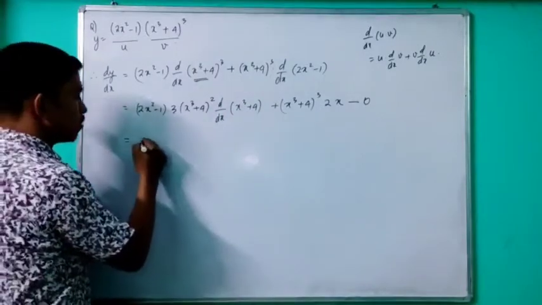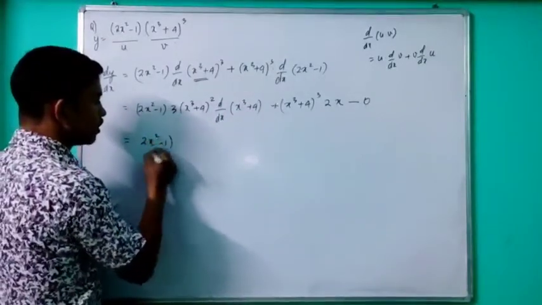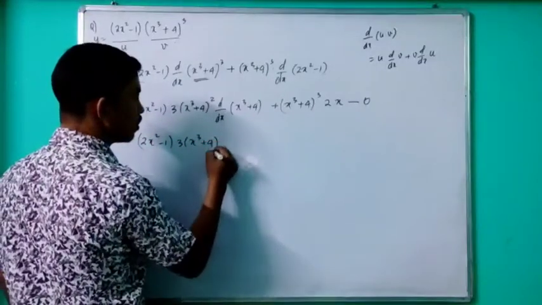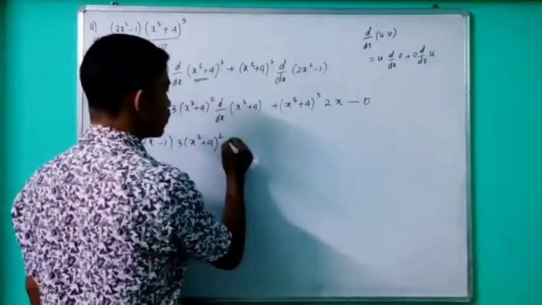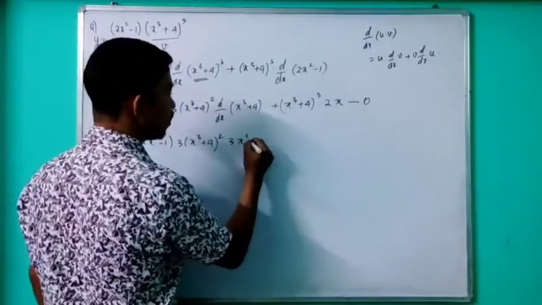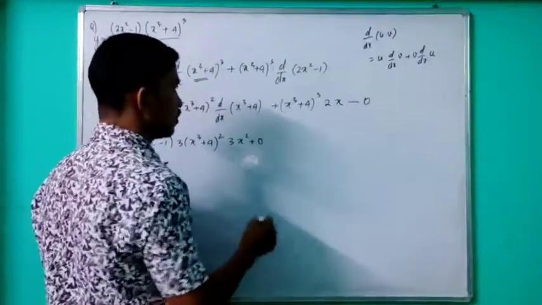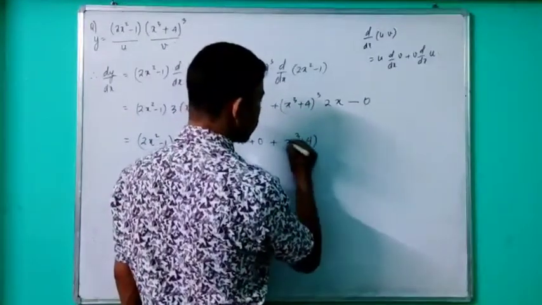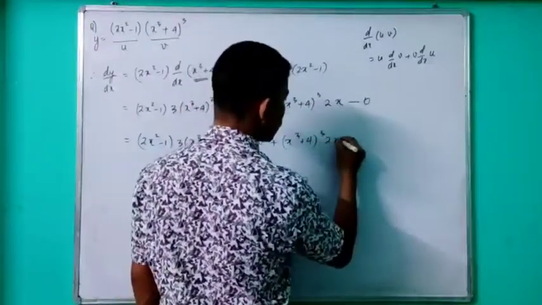Okay, so this will again be equal to 2x square minus 1 into 3 (x cube plus 4) whole square. Now the derivative of this function will be 3x square plus 0. Okay, and the next part I have (x cube plus 4) to the power 3 into 2x.